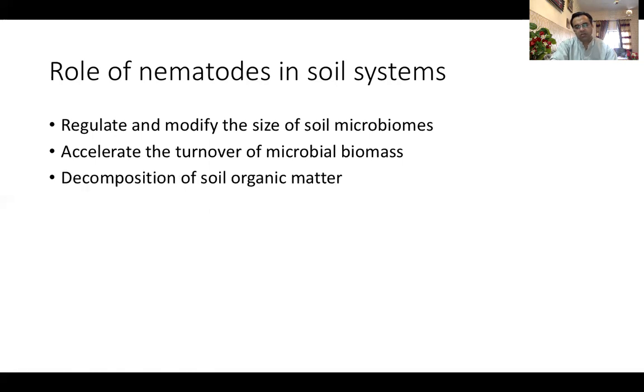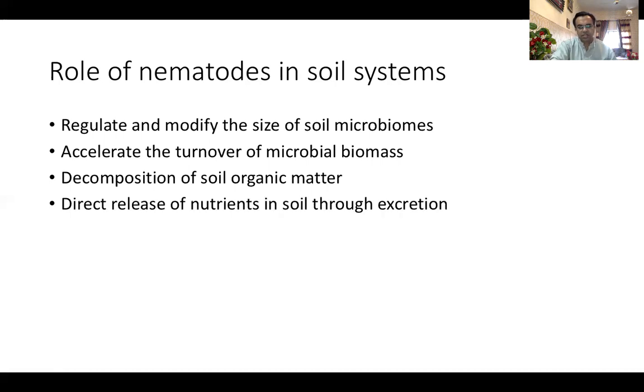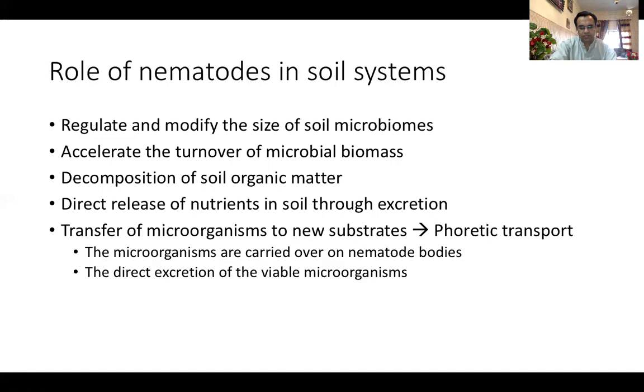They have a role in decomposition of soil organic matter, as we have already discussed, and they also increase fertility of soil because their excreta contains partially mineralized nutrients. And they have a role in moving microorganisms from one place to another place. Such transport is also known as phoretic transport.